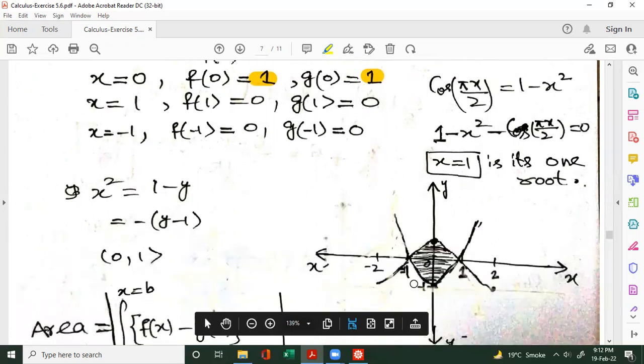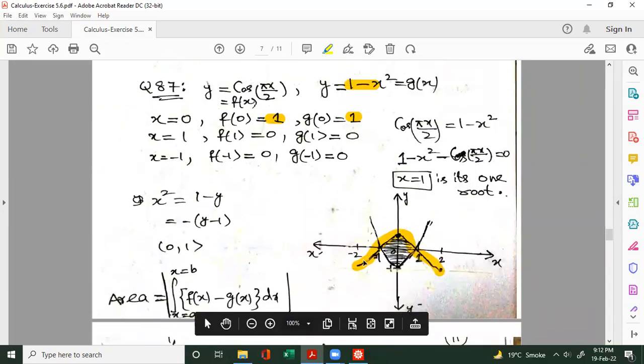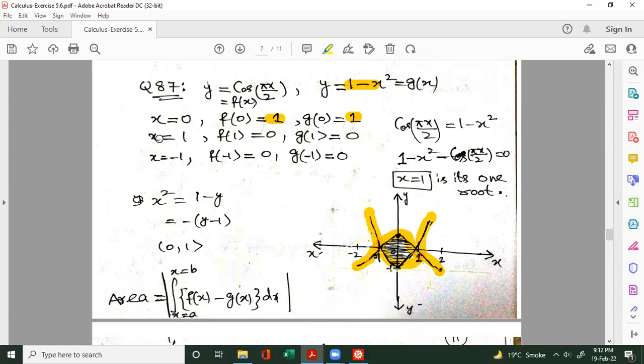So here I have sketched these two curves. That curve indicates y equal to cos pi x over 2, and that curve represents y equal to 1 minus x square.